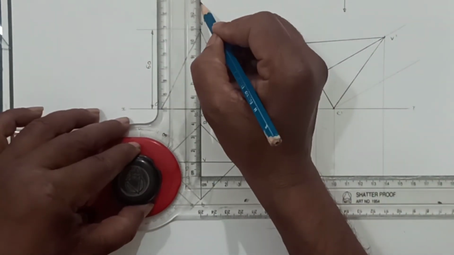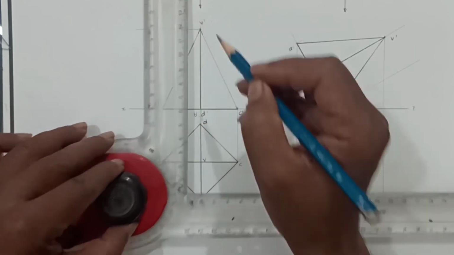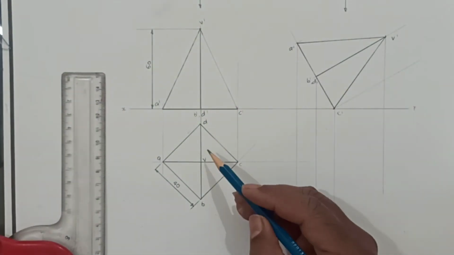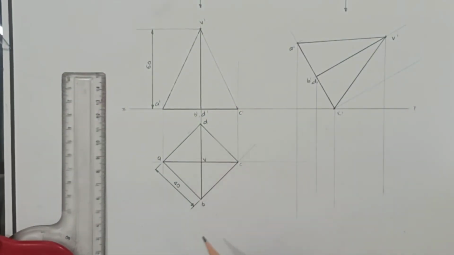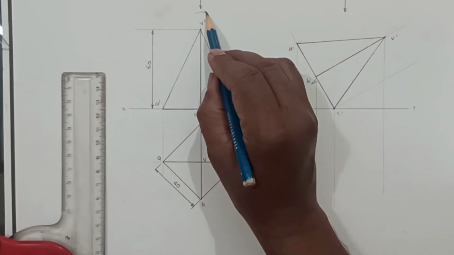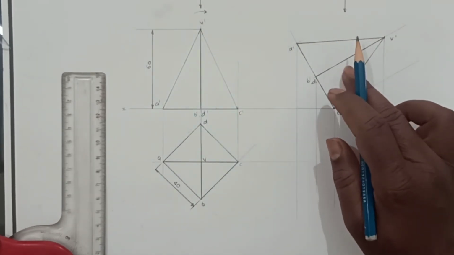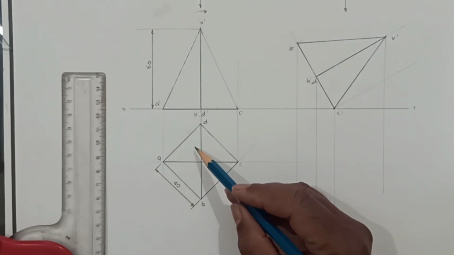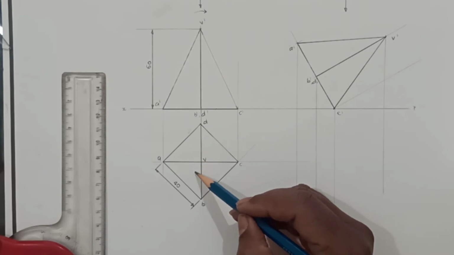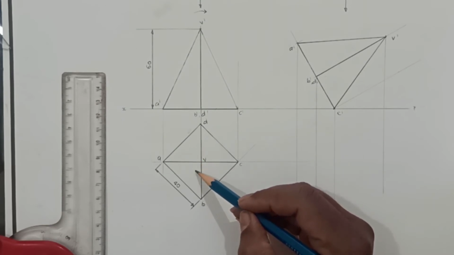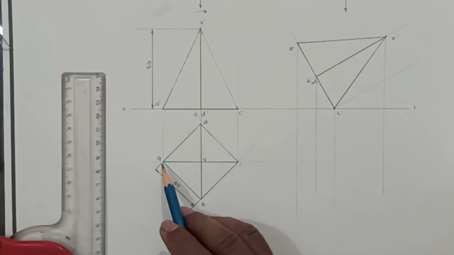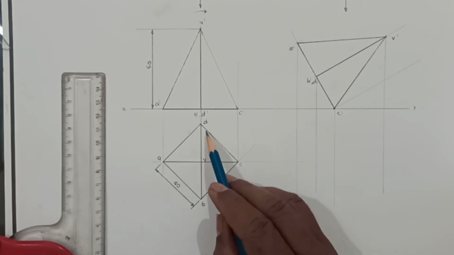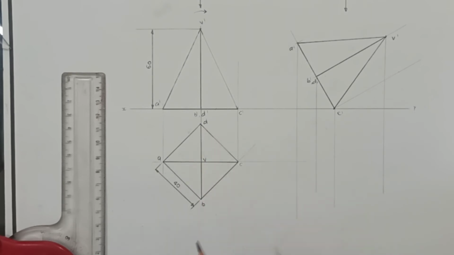When we are looking for the top view in this direction, in this condition, these 4 rectangles are clearly visible in the top view. Now whenever it is inclined in this way, which we have shown here, these 2 triangular faces are clearly visible. Means AVD, AVB is clearly visible.